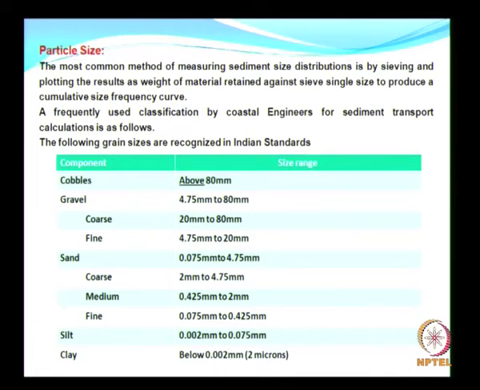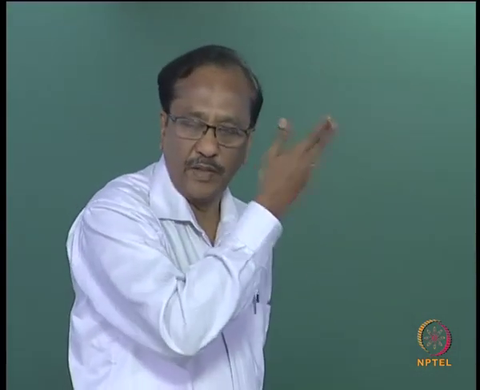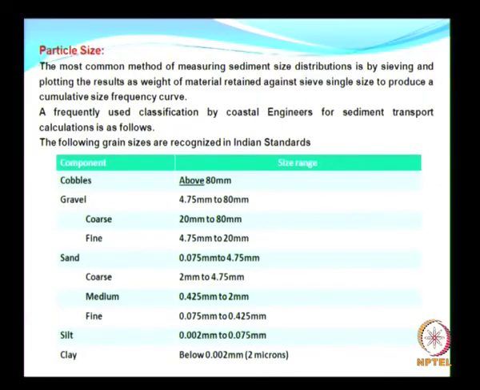Different sizes of gravel are used for different purposes in construction. I am sure you are aware of all these things. Even in coastal engineering, it has its application in this area.